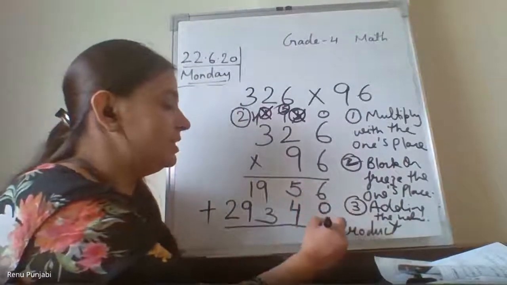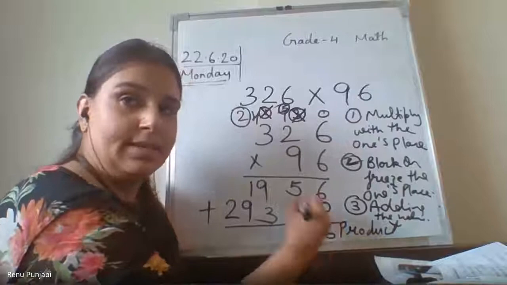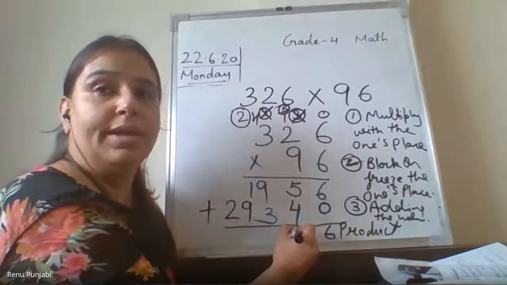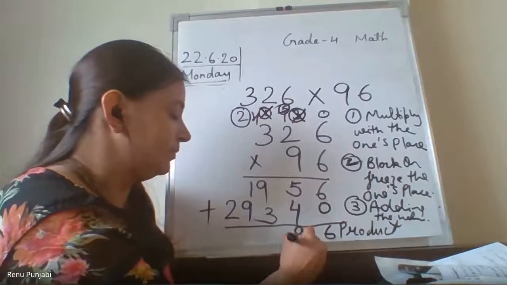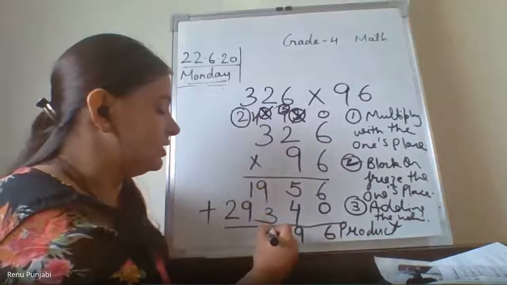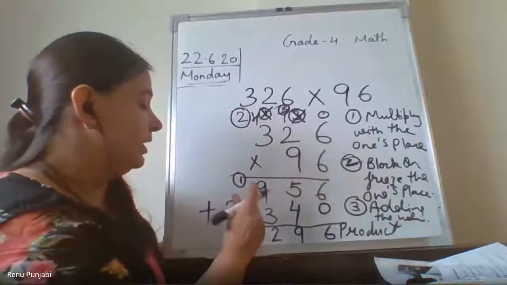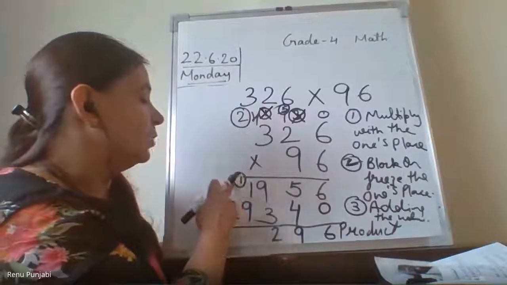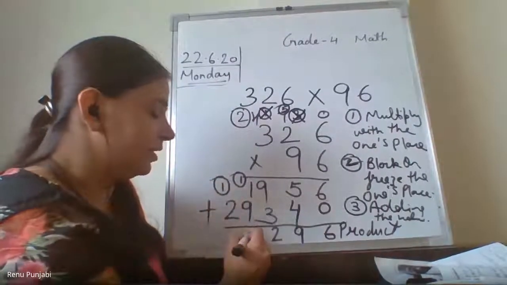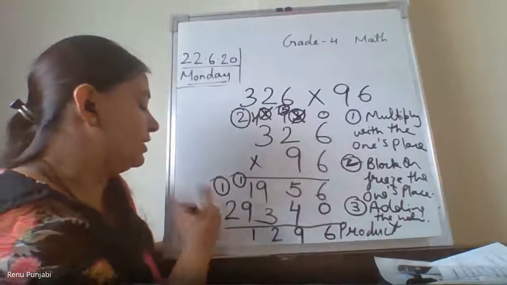So 6 plus 0 is 6. 5 plus 4 is 9. 9 plus 3 is 12. 1 will go here as carry over to add. 9 plus 1 is 10, plus 1 is 11. 2 plus 1 is 3.